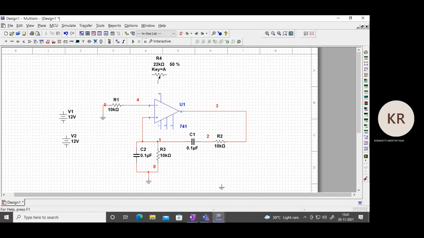Okay. Now here this potentiometer, this arrow.